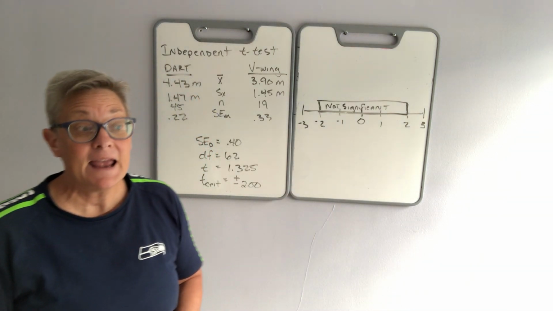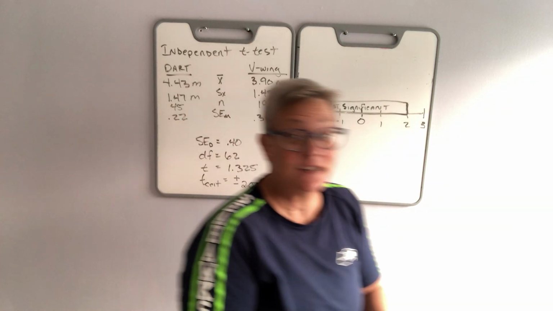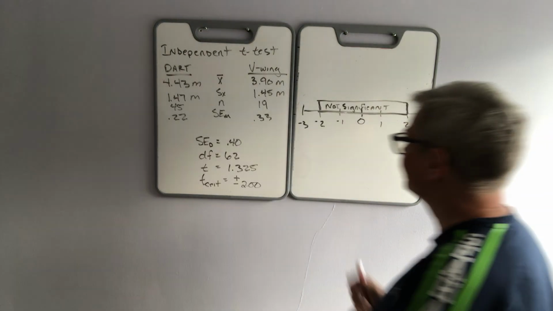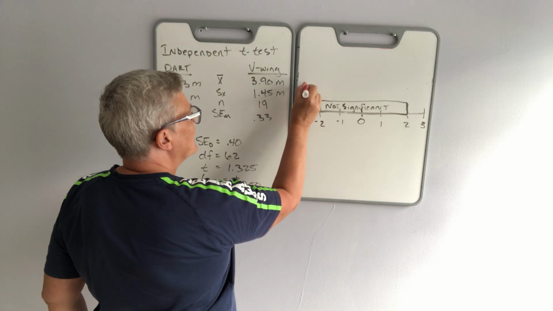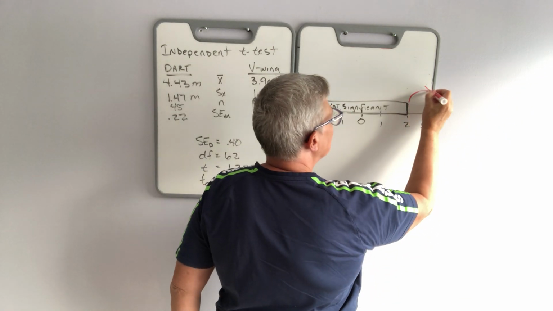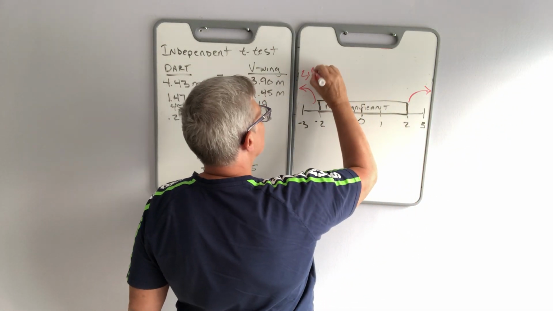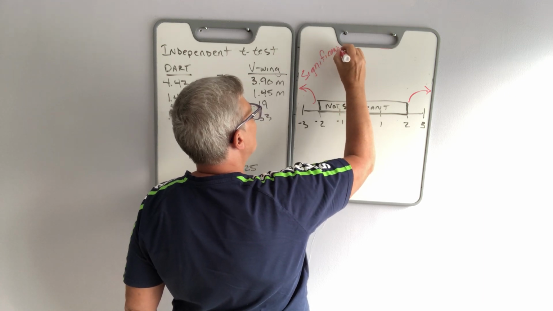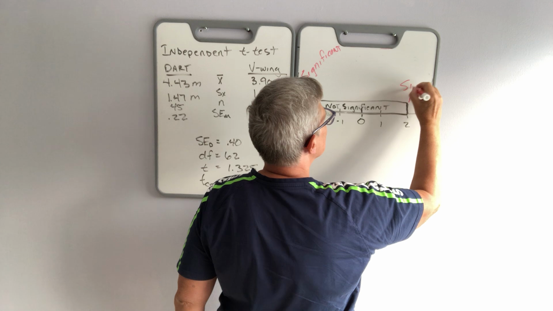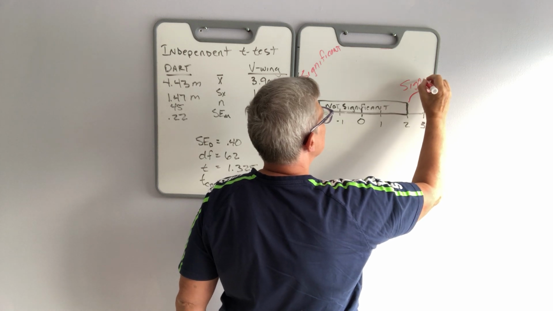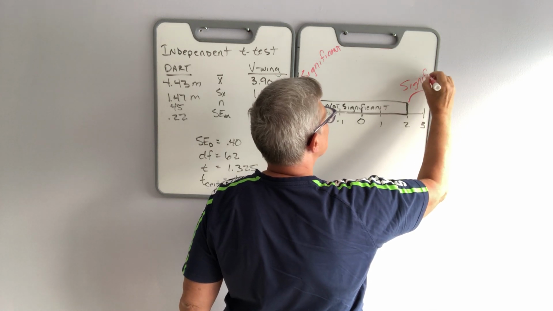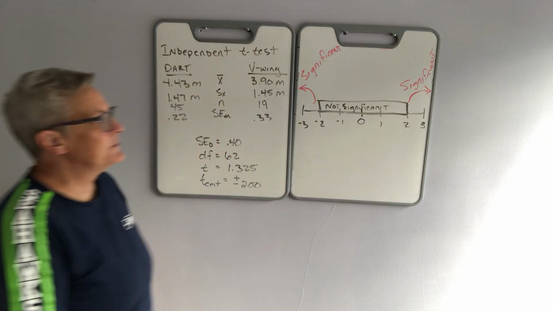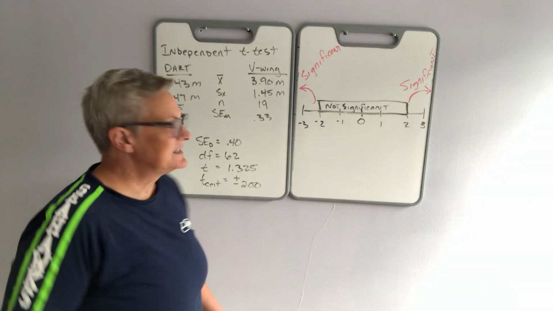Everything outside of the box, any value outside of the box, then is significant. So anything out here or out here is significant. And the reason that this works is because it doesn't really matter.